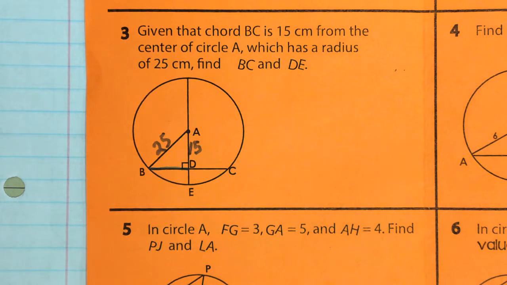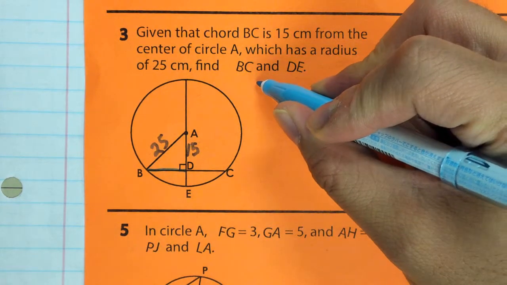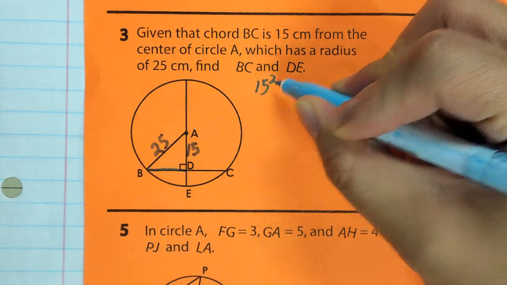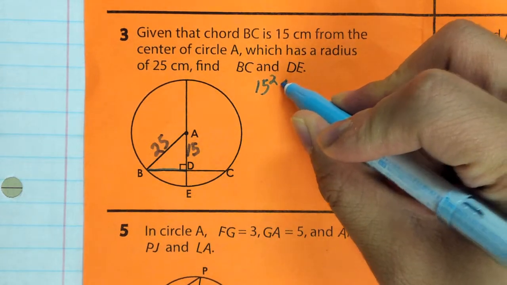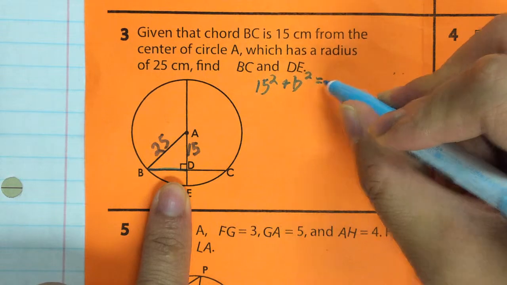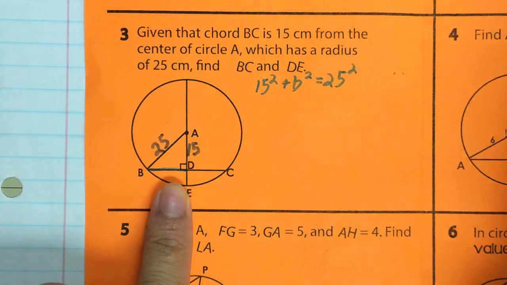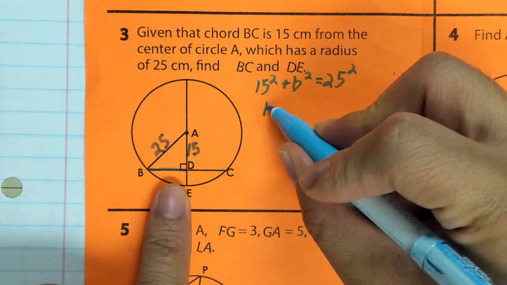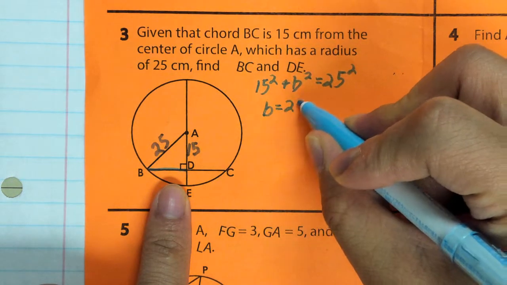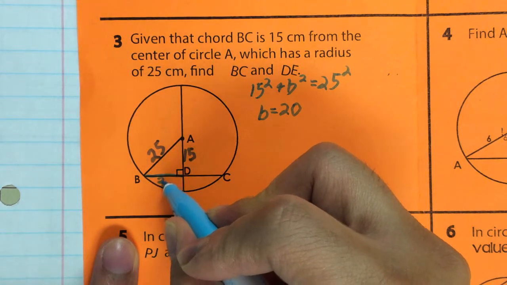We can do that using the Pythagorean theorem. 15 squared, a squared plus b squared equals c squared. In this case, we're missing b. Solving with the Pythagorean theorem gets me b equals 20, which means this segment right here is 20.